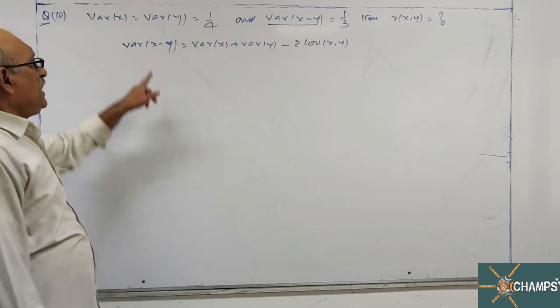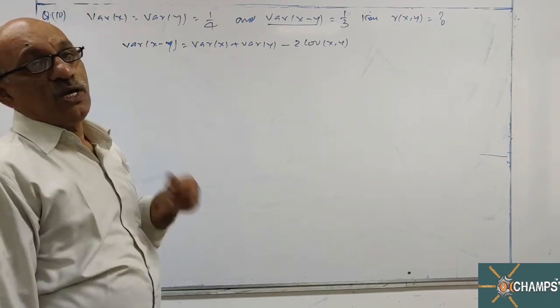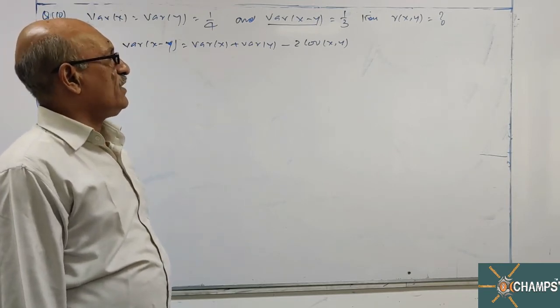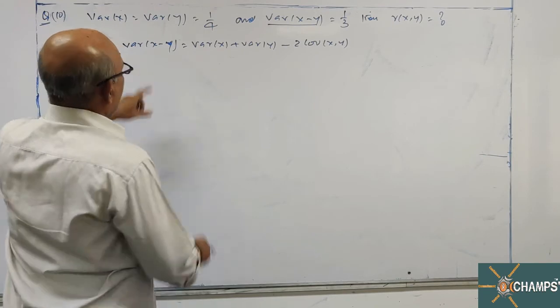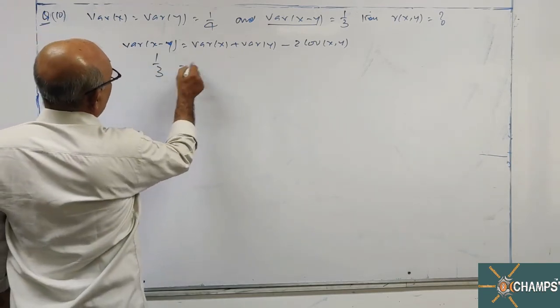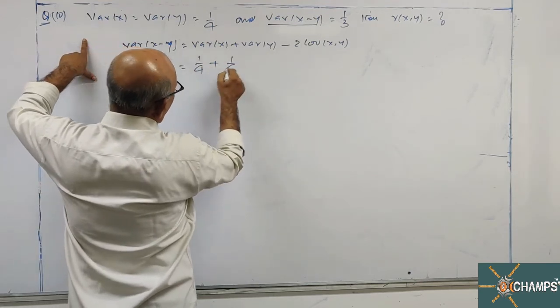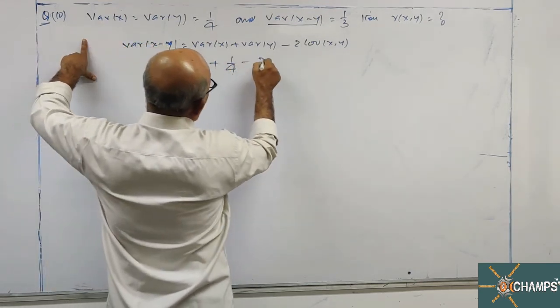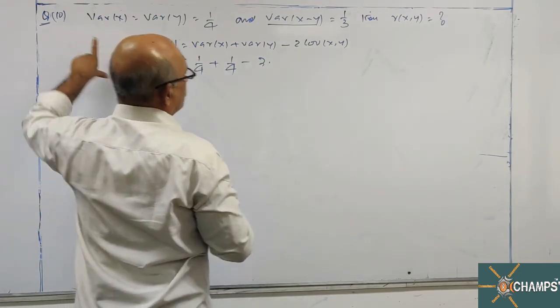Variance of x minus y is given as 1 by 3. Variance of x is 1 by 4. Variance of y is 1 by 4, minus 2 times covariance of x comma y.